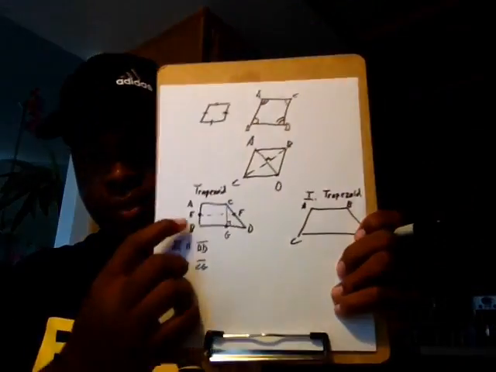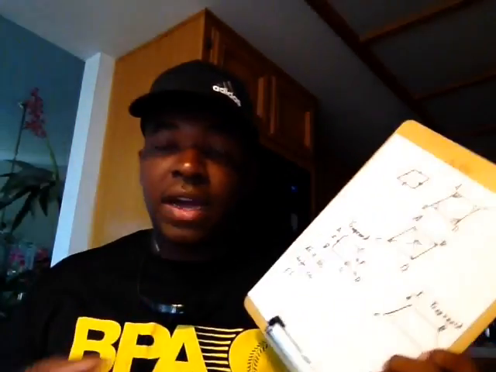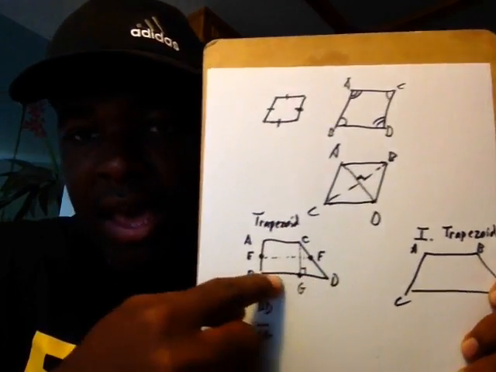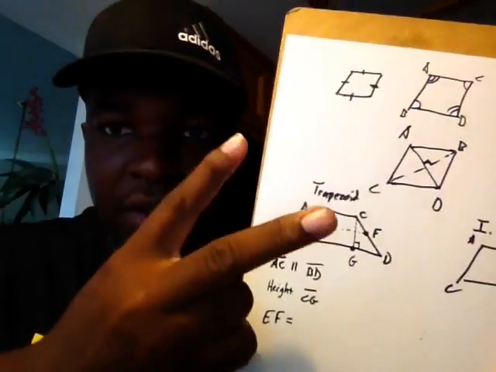So EF, the one in the middle, is called the median, and the way to find that would be you add this side to this side, and divide it by 2, and that's how you find the length of it. So EF equals half of AC plus BD.